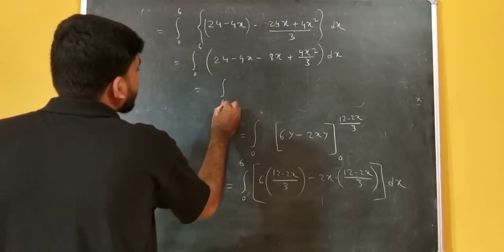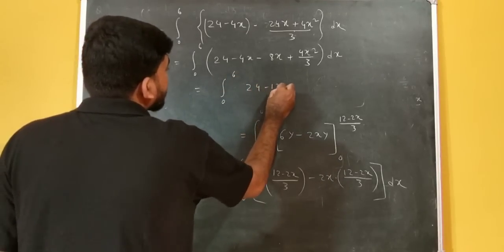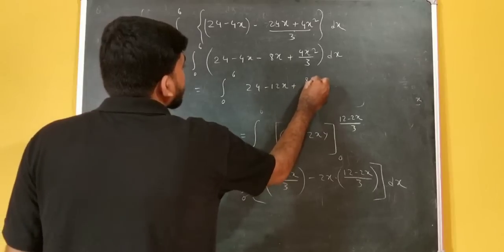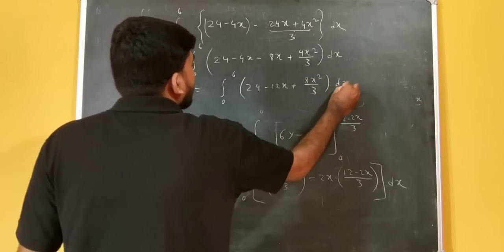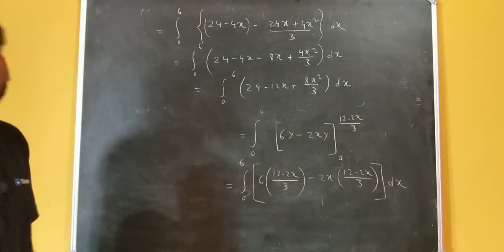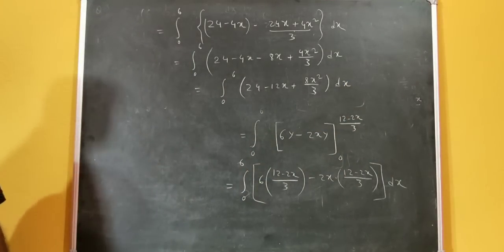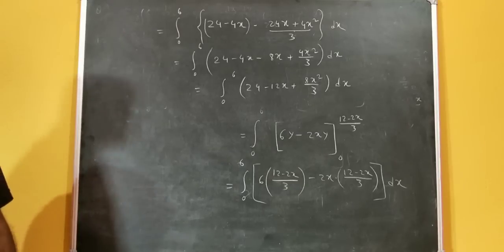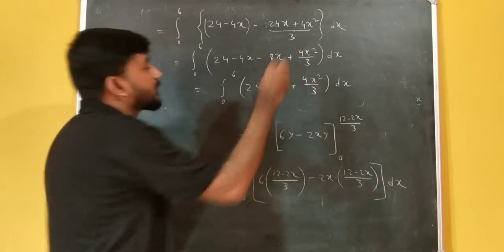So it will be just integration 0 to 6, 24 minus 12x plus 4x square by 3 into dx. Now you can see it is just a single definite integration. Sorry, not 8, it is just 4x square by 3.